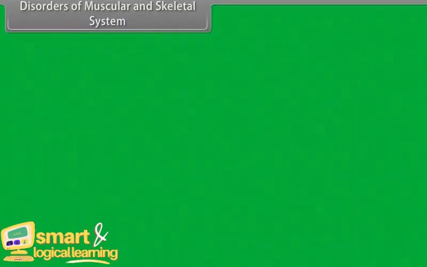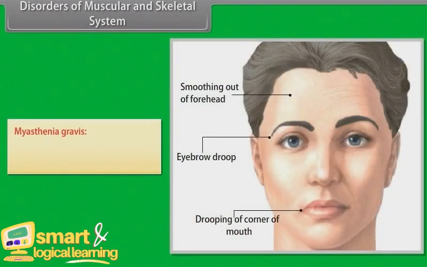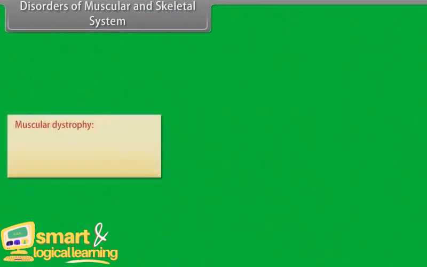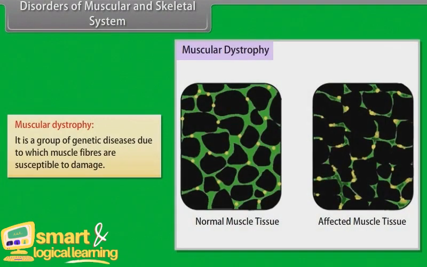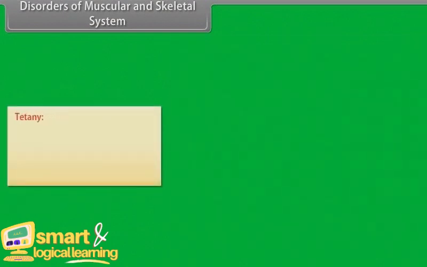Disorders of the muscular and skeletal system. Myasthenia gravis. It is an autoimmune disease that causes weakness of muscles. Muscular dystrophy. It is a group of genetic diseases due to which muscle fibers are susceptible to damage. Tetany.